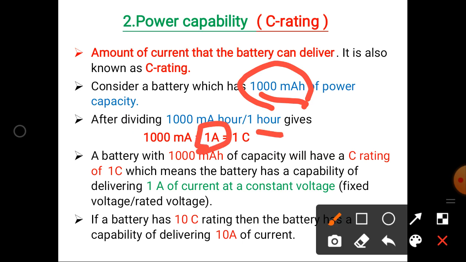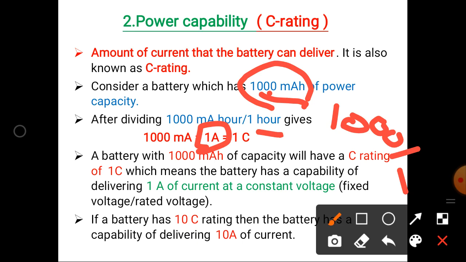If we divide the power capacity, 1000 milliamps, by 1, it gives 1 amp, so the C rating will be 1C. So a battery with 1000 milliamp capacity will have a C rating of 1C, which means that the battery has the capacity of delivering 1 amp of current at a constant voltage.